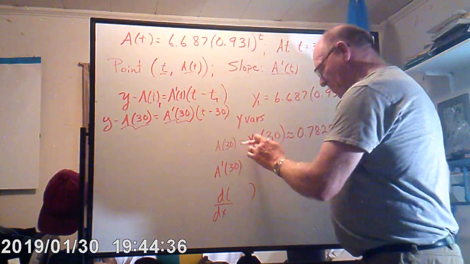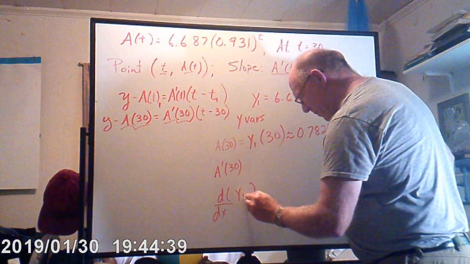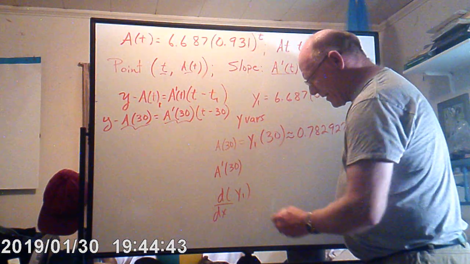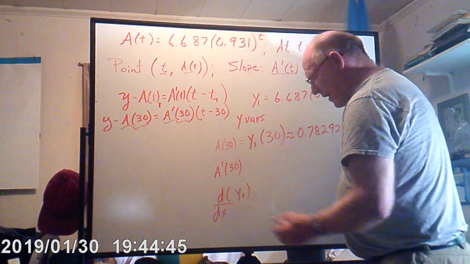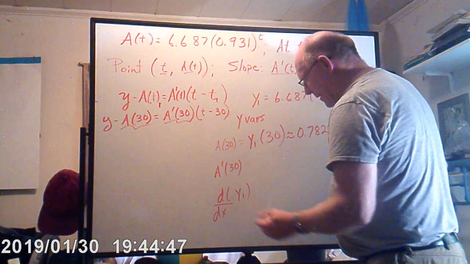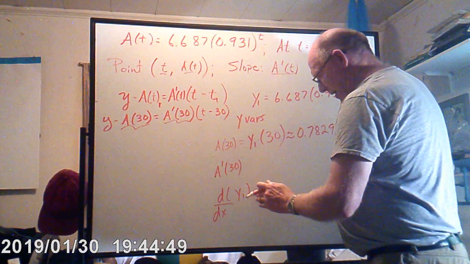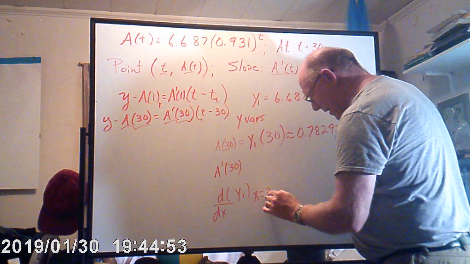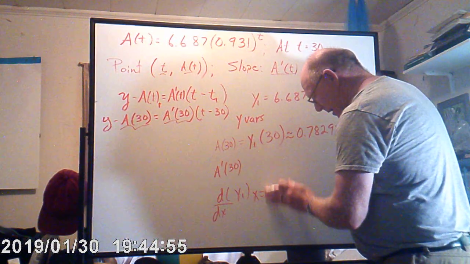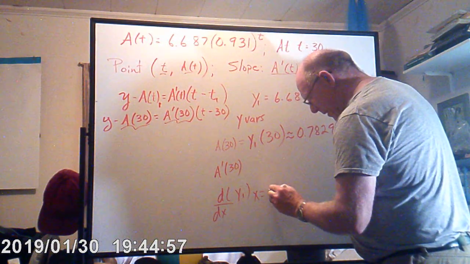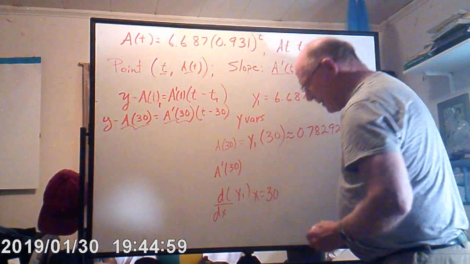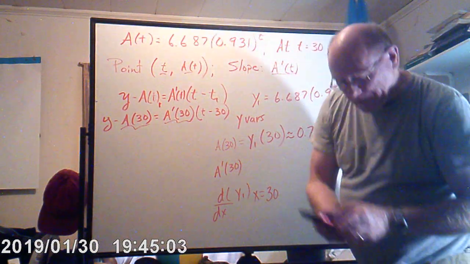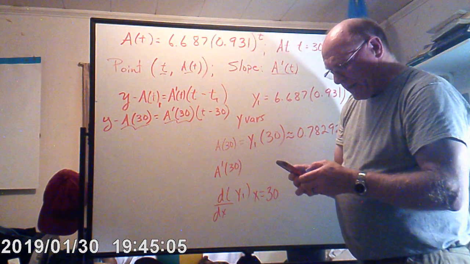You already have your y1, you can simply put y1 right in there, inside that parentheses, and then hit enter, and it's going to say x equals 30 like this. You fill that part in just like that.